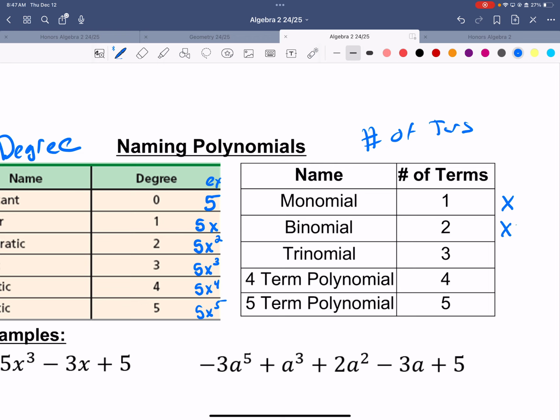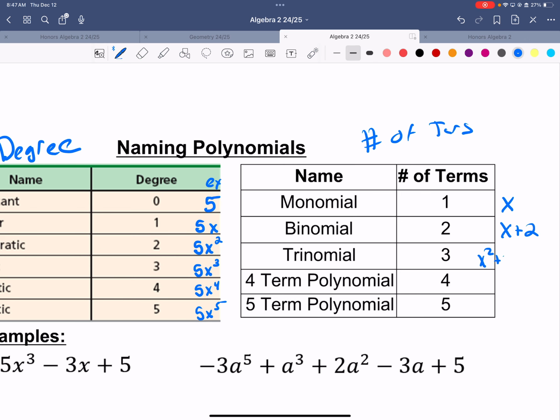So a binomial is going to have 2 terms, x plus 2. x is a term, 2 is a term. Tri means 3. Triangles have 3 sides. Trinomials have 3 monomials. So like everything we worked with last chapter, mostly. So x squared plus 2x plus 1. That's a trinomial.